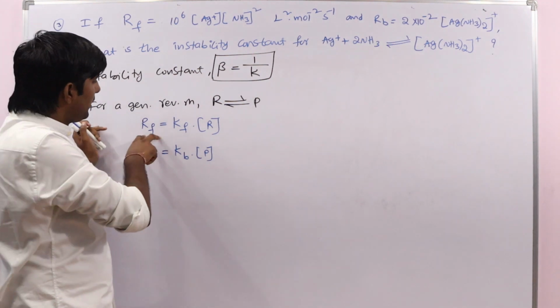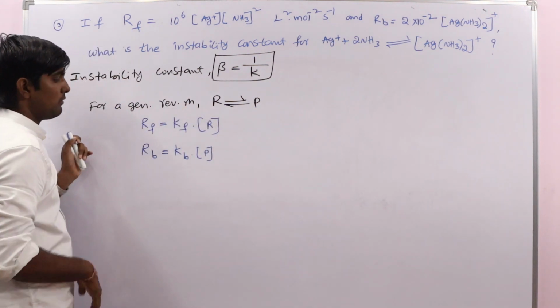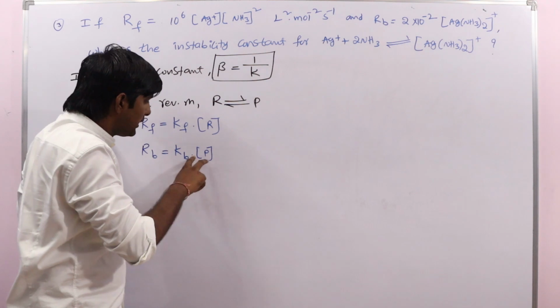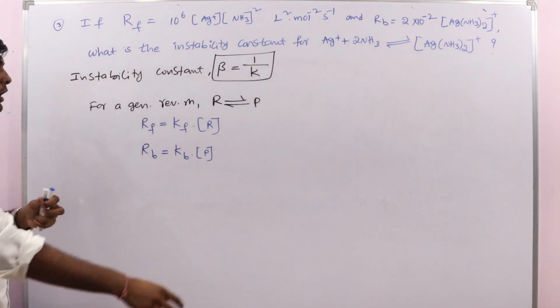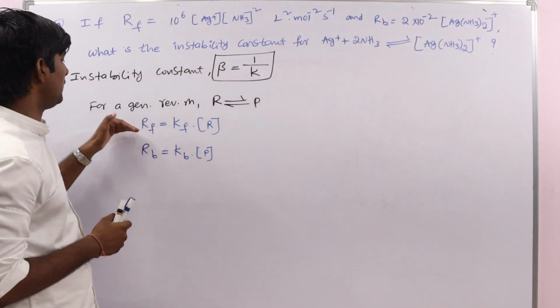So rate of forward reaction equals Kf into concentration of reactant, and rate of backward reaction equals Kb into concentration of the products. This is the general thing about the rate equation.